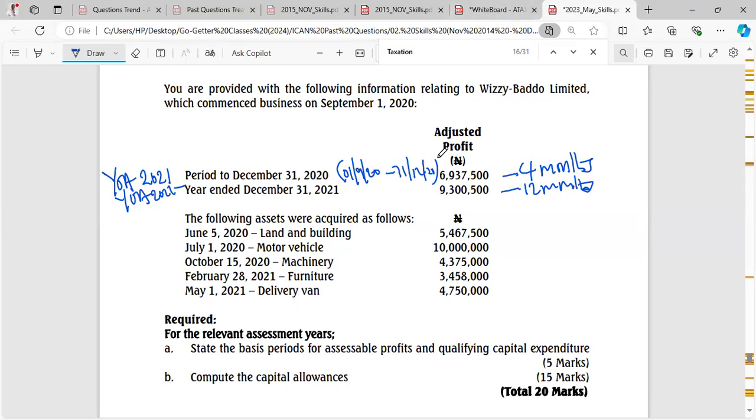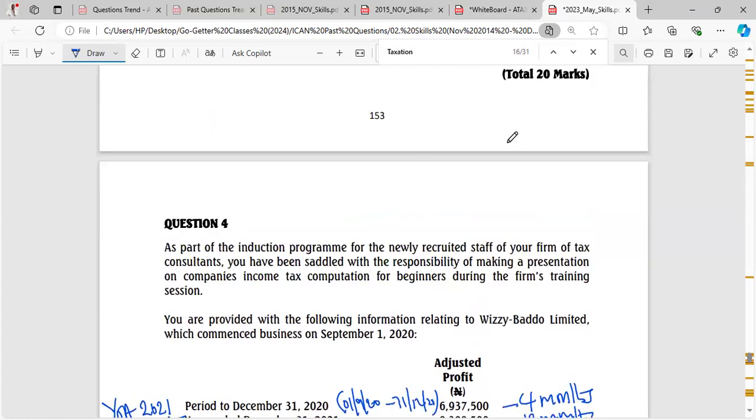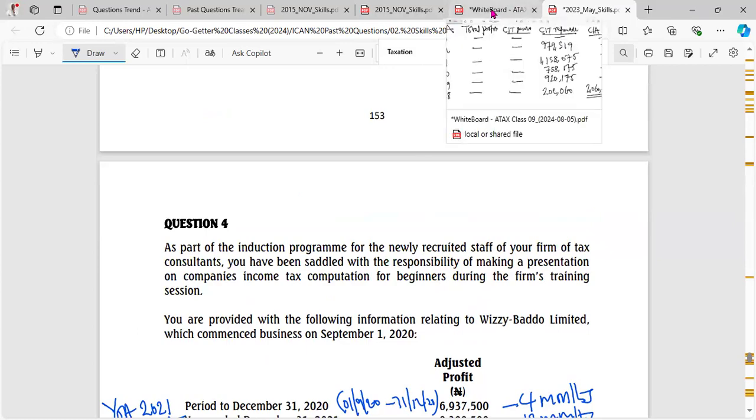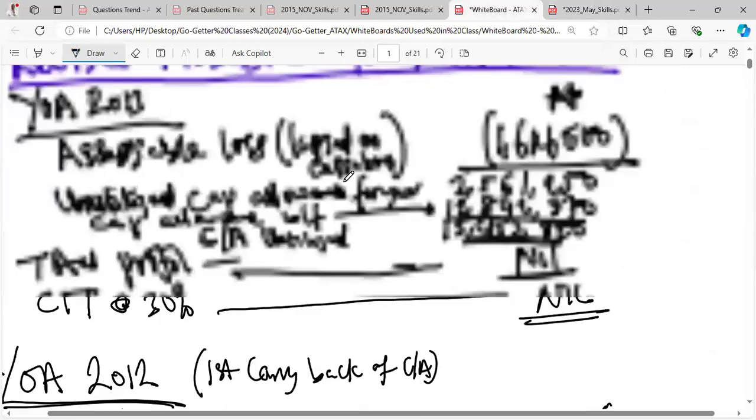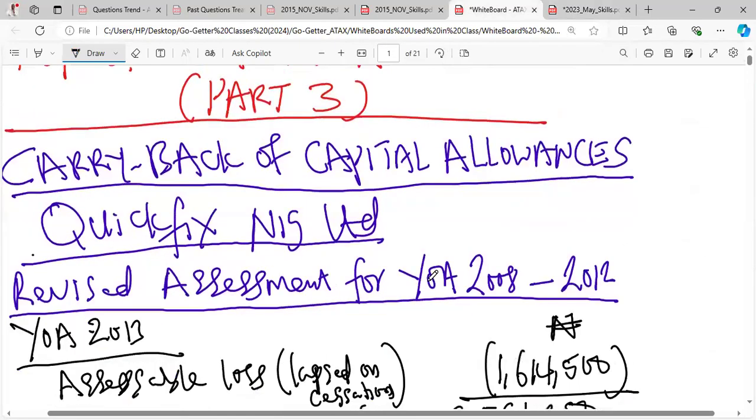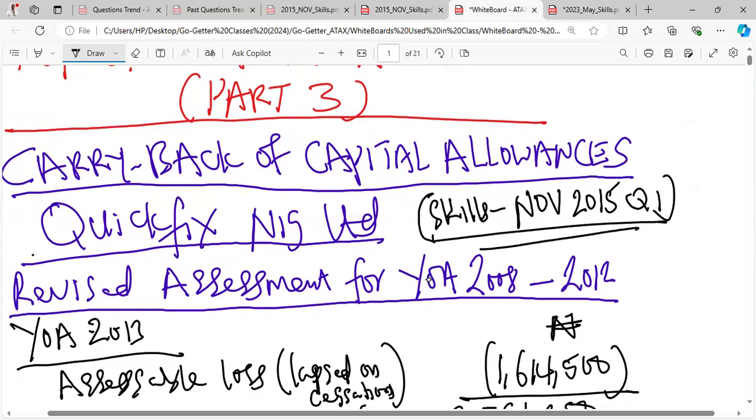So what we do now is, I need to put the ICAN past question here. So let me go back to this. I will say this is November 2015, skills, question 1. That's the first one we did.